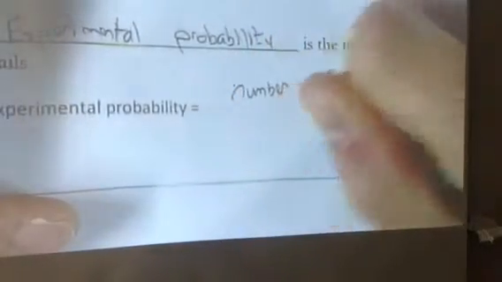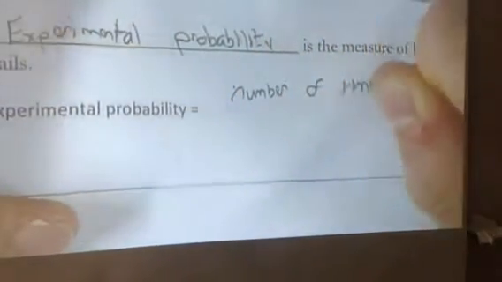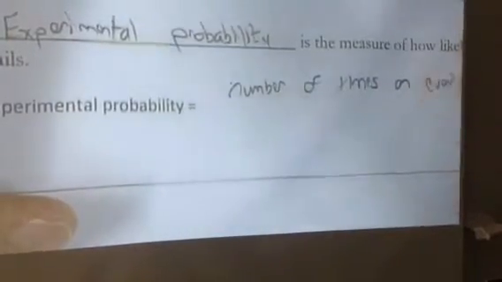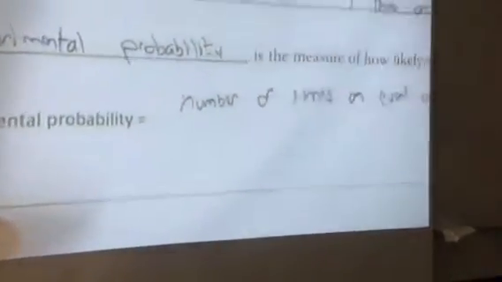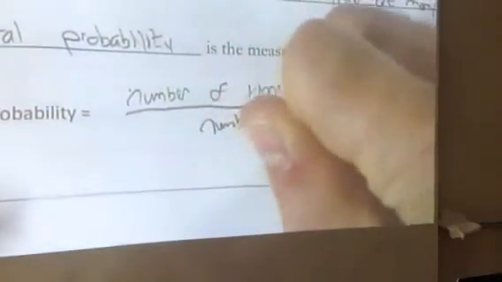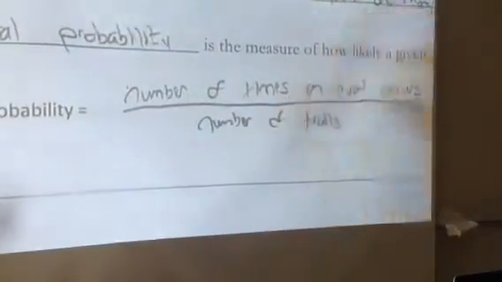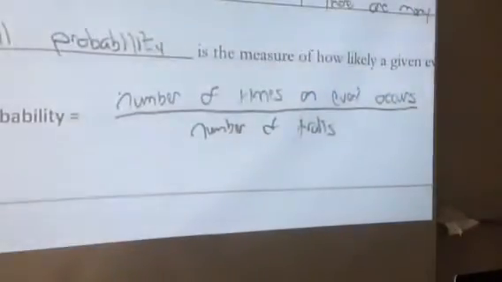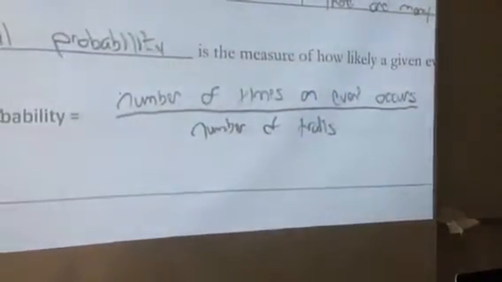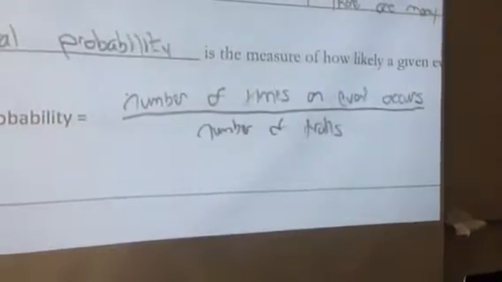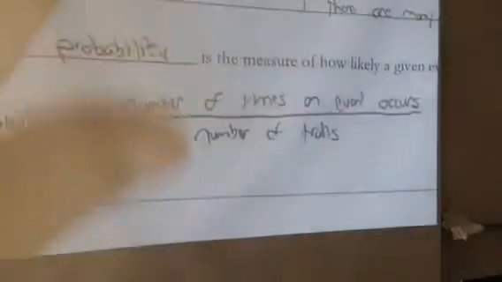It is the number of times an event occurs divided by the number of trials. I keep spelling trials wrong, but it's trials.